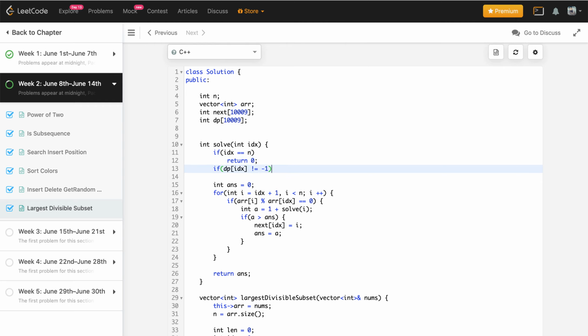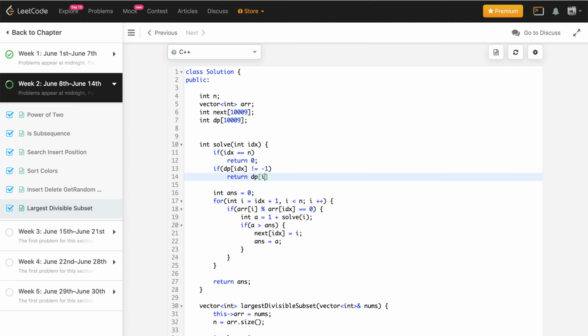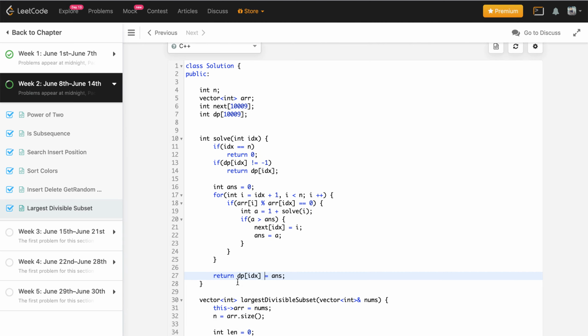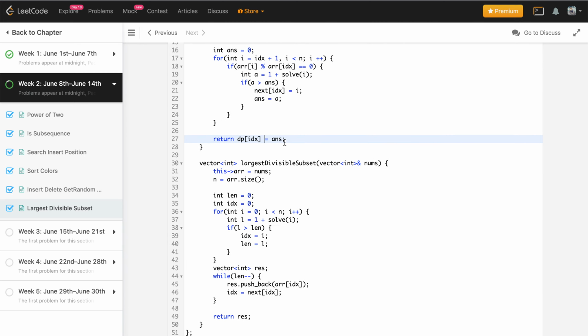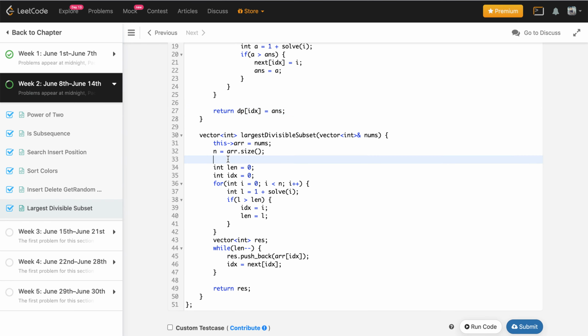We will initialize in a moment, then we'll just return our answer. Otherwise we will calculate our dp, return our answer, and store it into our dp. And here we can just initialize our dp by -1 for all the elements.